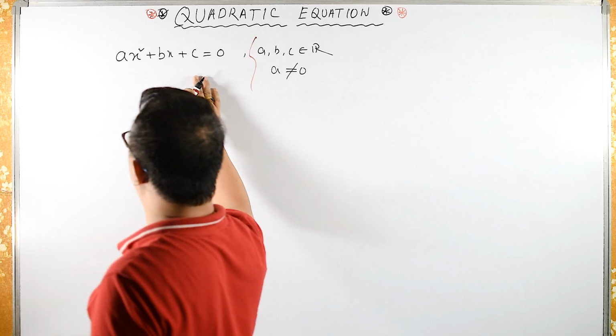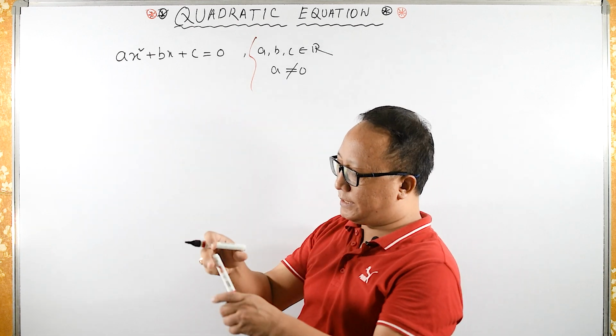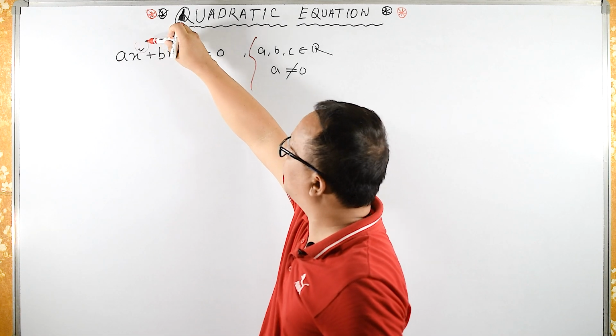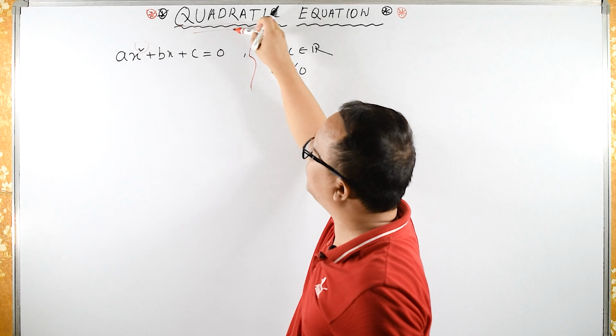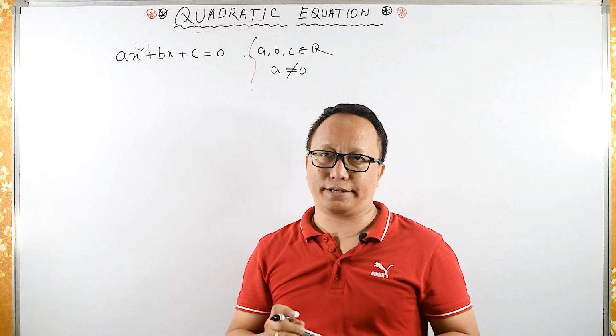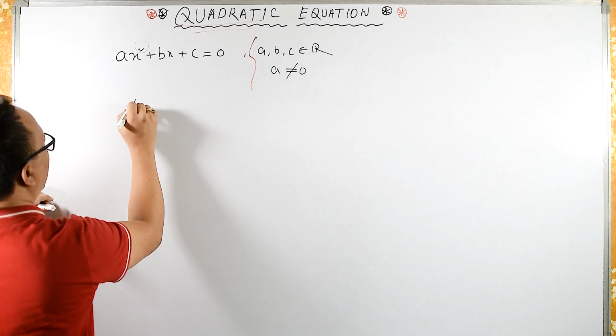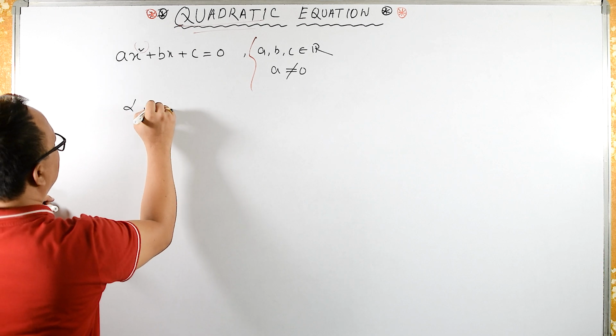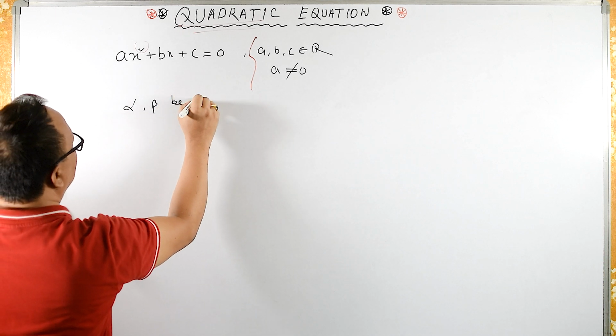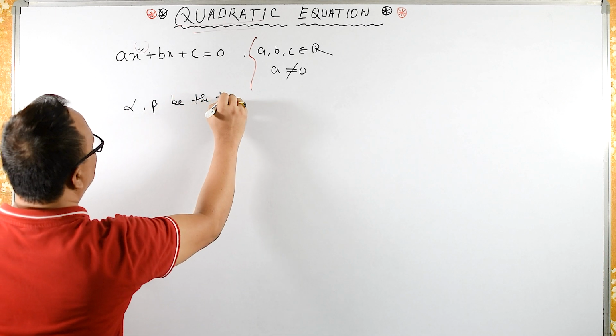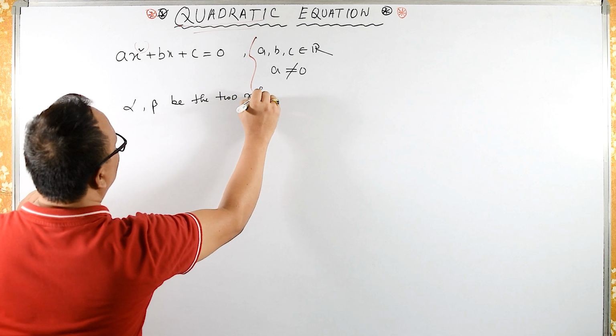What are its roots? Now, since the highest power of x is 2, quadratic means quad means 2, so we should have two values of x. So we call them roots. Let alpha and beta be the two roots.